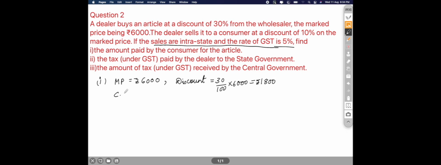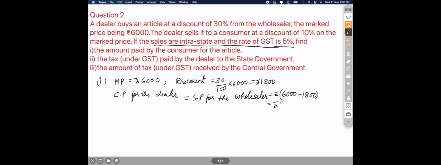So cost price for the dealer, which is equal to selling price for the wholesaler, equals to rupees 6,000 minus 1,800, right? So this is equal to rupees 4,200.